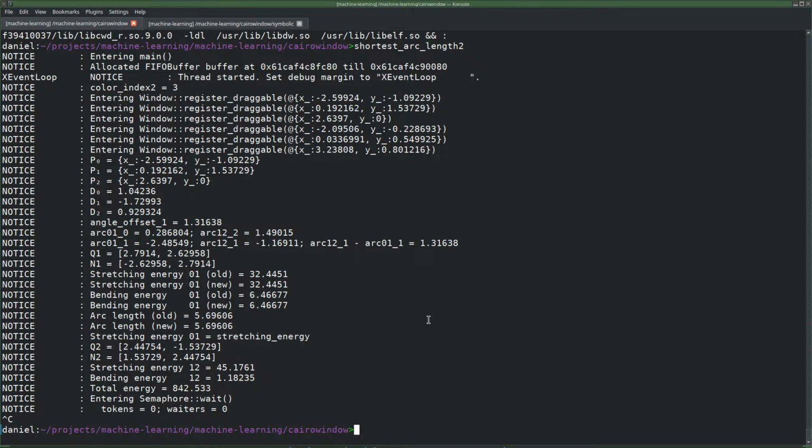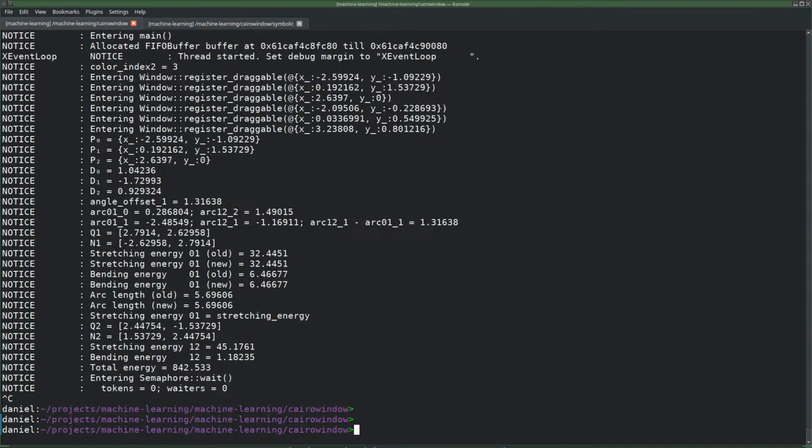So let's look into my custom IO manipulator. No idea how that worked.